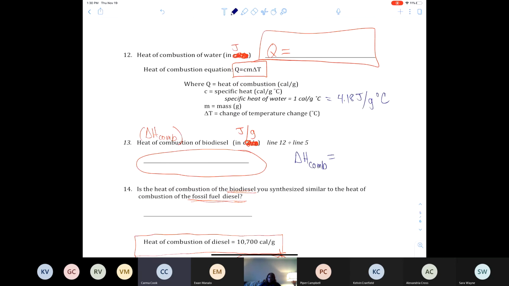It's going to be equal to Q divided by the mass of biodiesel that combusted, which is shown in line 5.